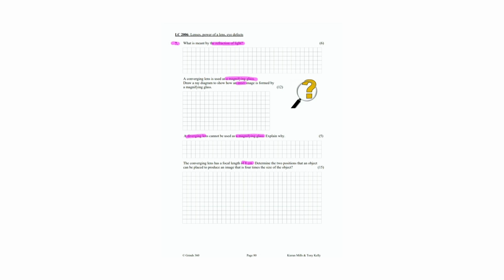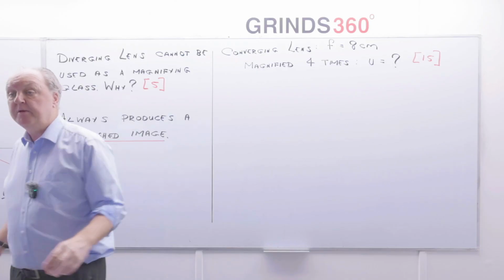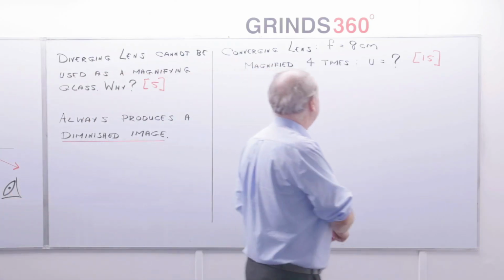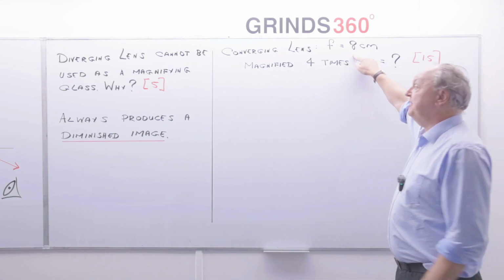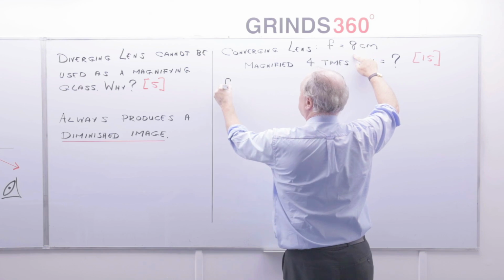They're asking me to determine the 2 positions that an object can be placed to produce an image that is 4 times the size of the object. Now, when I say 4 times the size of the object, they're not saying real or virtual, so I've got to take both into account. One will be real, one will be virtual. So I've got f is equal to plus 8 centimeters.